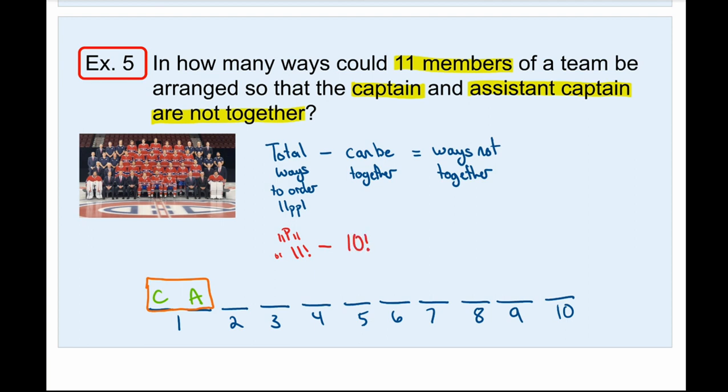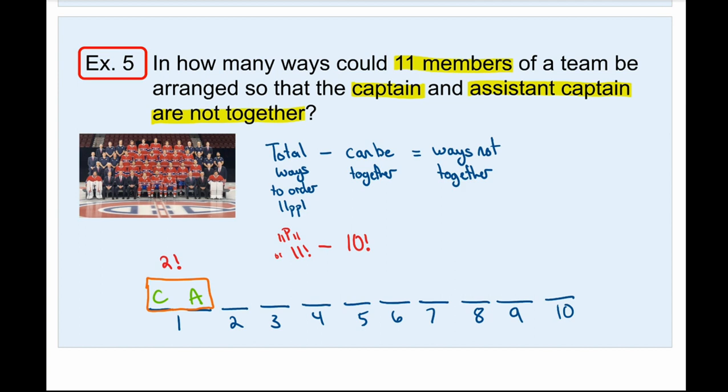So how many ways can I arrange 10 groups into 10 spots? Well, 10 factorial. But we also have to consider that for the captain and the assistant, it doesn't say how they have to be arranged. It doesn't say that the assistant has to be first or second, and the captain can be first or second. It doesn't say. So if I look at these two individuals on their own, how many ways can I order 2 people in 2 spots? Well, it's 2 factorial, or basically 2 ways.